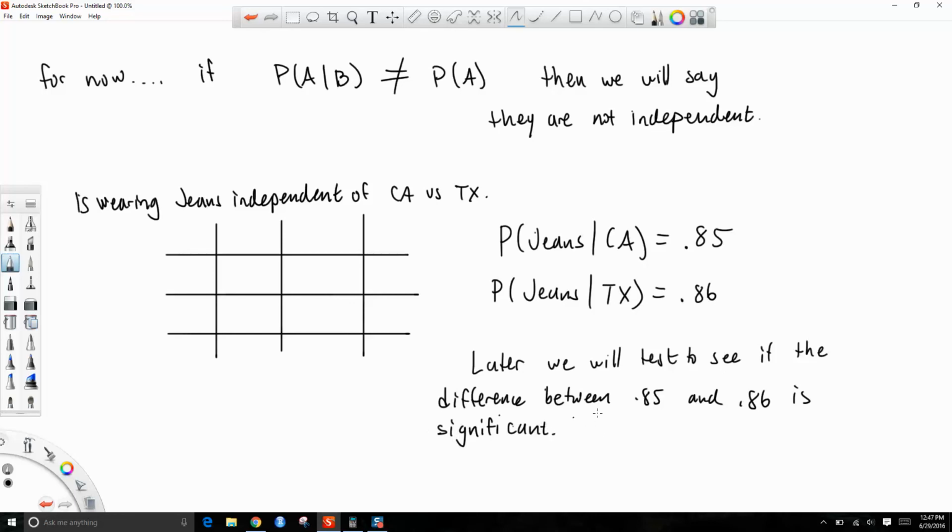And this is going to be called the two proportion test. So for now, we're just going to say, oh, they're not the same, they're not independent. But later on, we might be like, oh, 85, 86%, that's not very different. Maybe they are close enough to say that they're independent. Or maybe 85 to 86% is different enough for us to say that they are not independent.